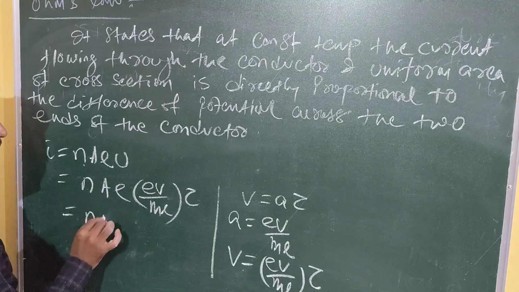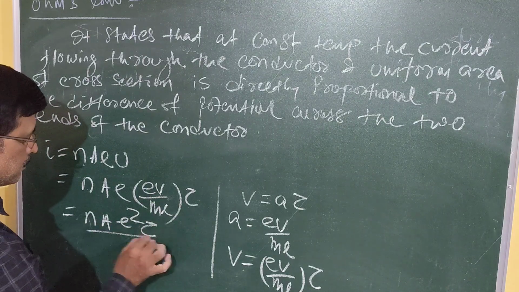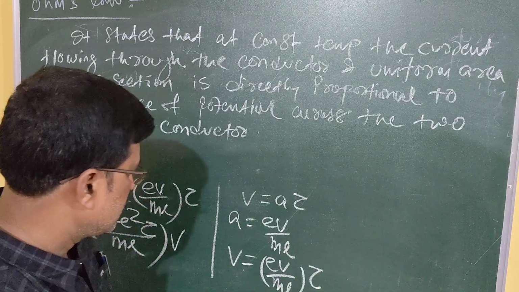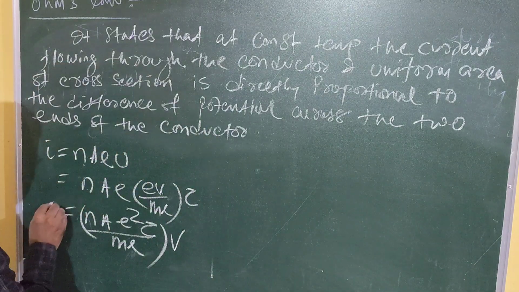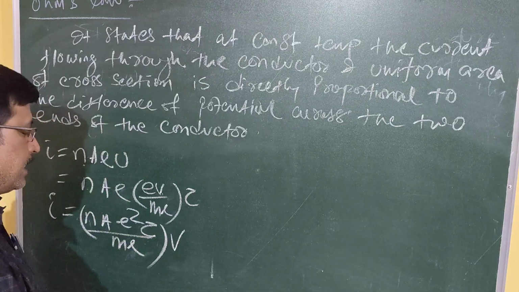That becomes nAe squared tau by ml into V. So we got I is equal to nAe squared tau by ml times V.